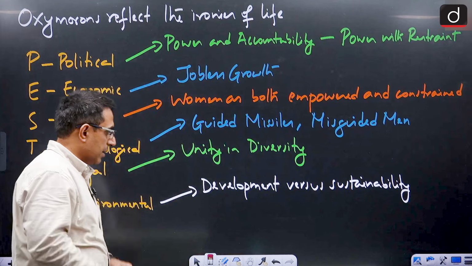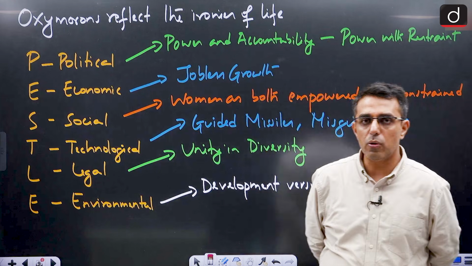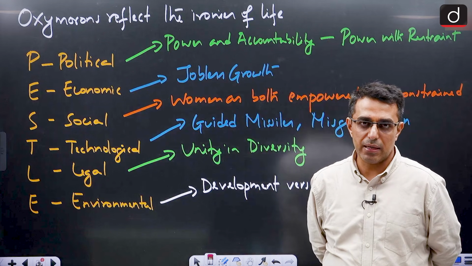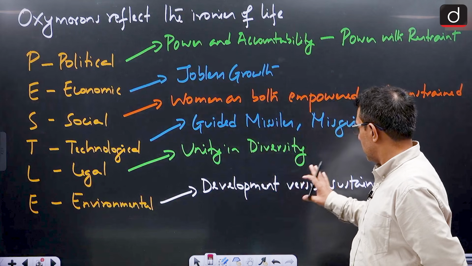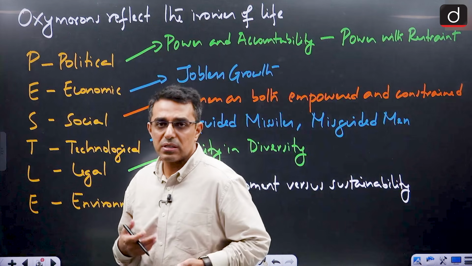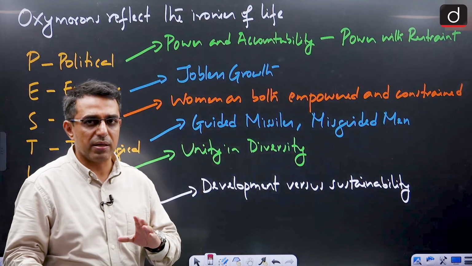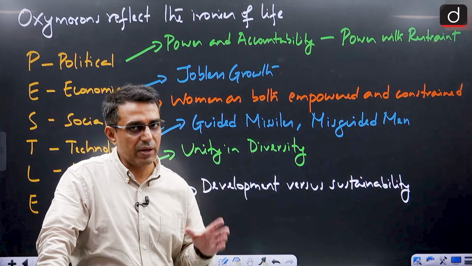Then finally, if we look at the environmental context, then we can talk about development and sustainability, right? So development versus sustainability, whereas we have to go for sustainable development, right? So again, it's an oxymoron: if development happens, obviously there will be harm to the environment.